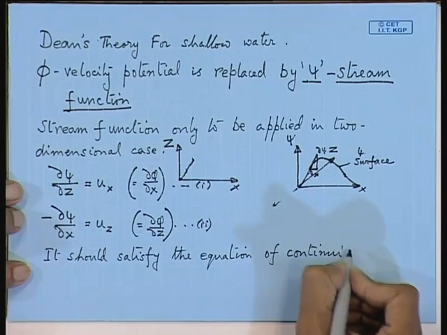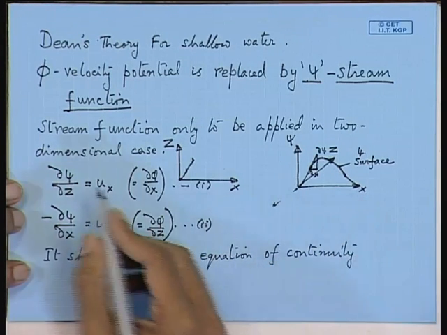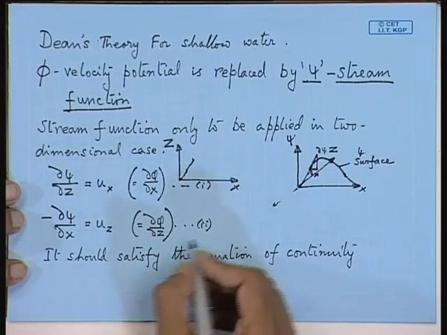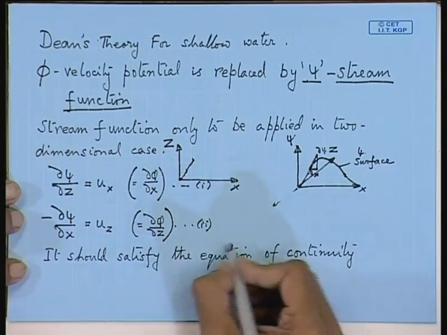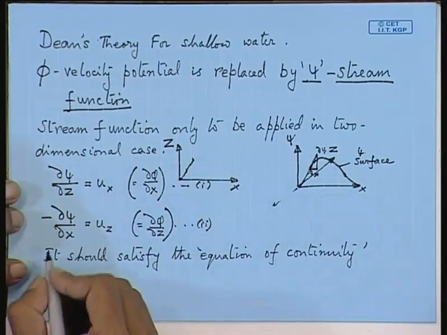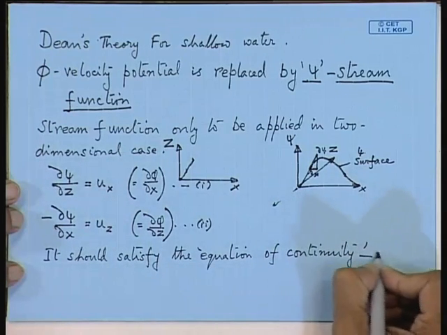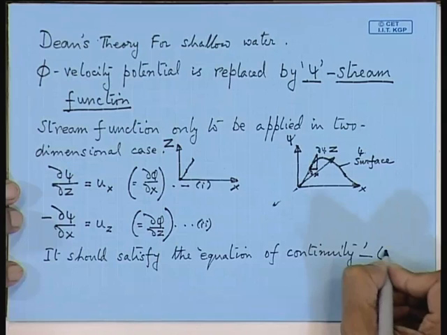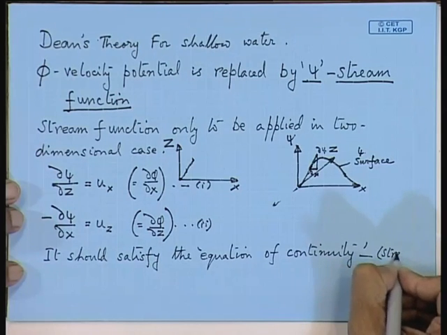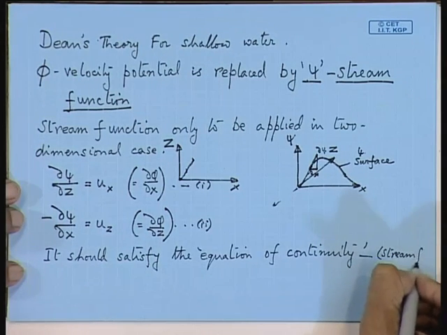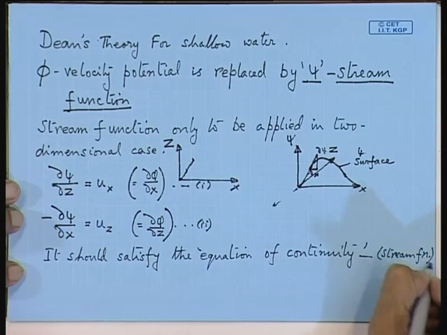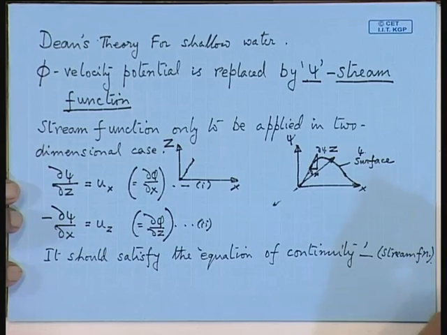That is why in this formulation you will find del psi over del z and minus del psi over del x. So, here you write your stream function. Now, what is your equation of continuity?